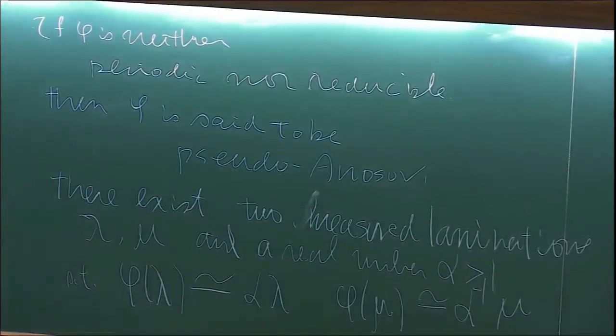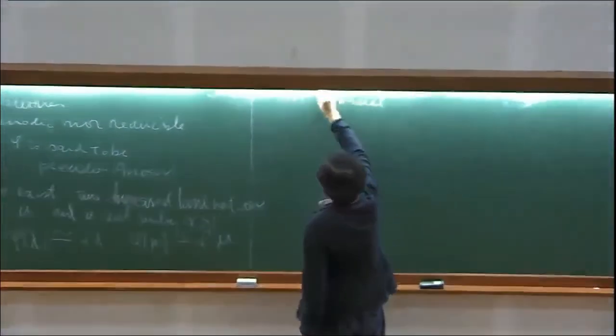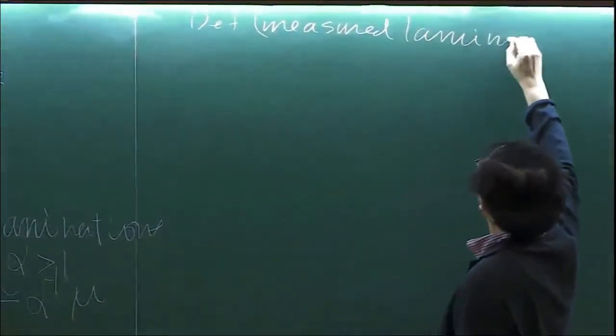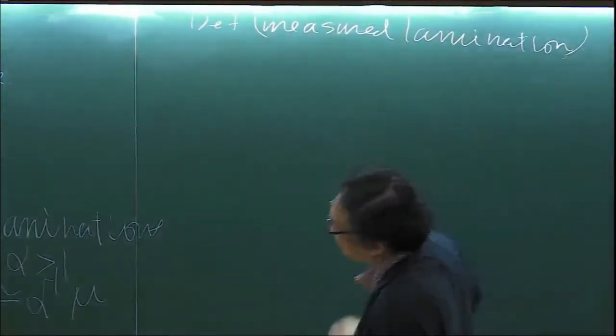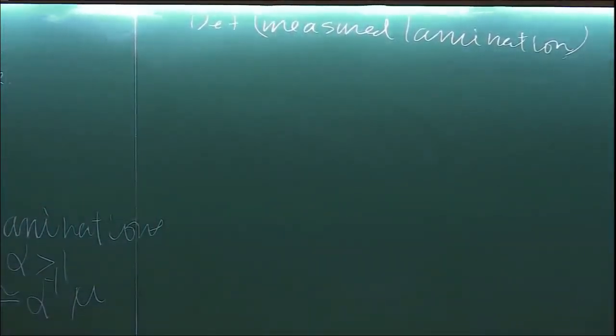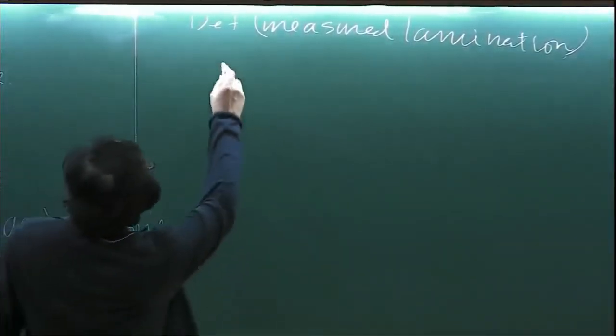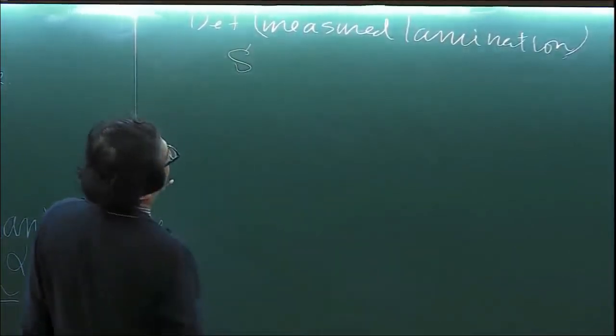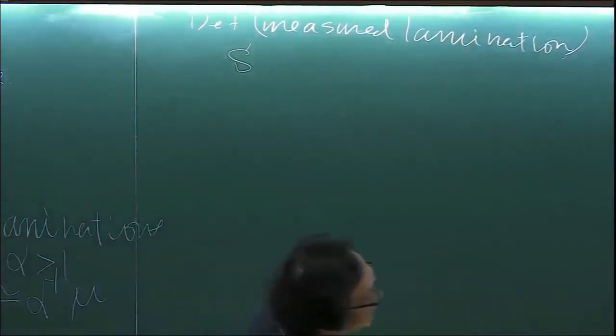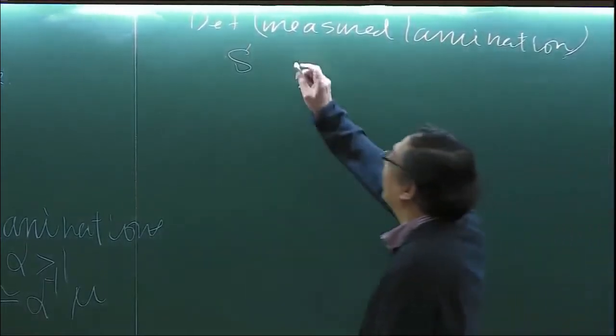Okay, let me explain what measured laminations are. For convenience, let's fix some hyperbolic metric on this. This definition doesn't depend on the hyperbolic structure essentially, but it's easier to fix a hyperbolic structure for the definition.